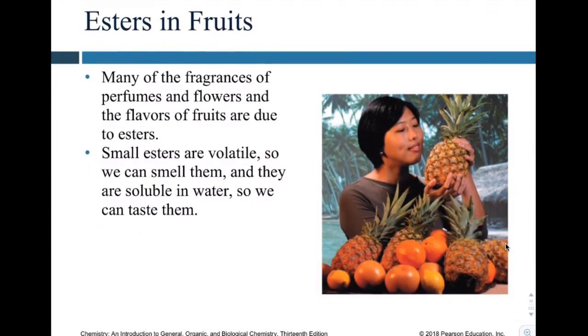Yep. Esters in fruits. And so esters are very volatile, meaning easily evaporated. So easily turn to gas. And so we smell them. And then they dissolve in water, so we taste them.